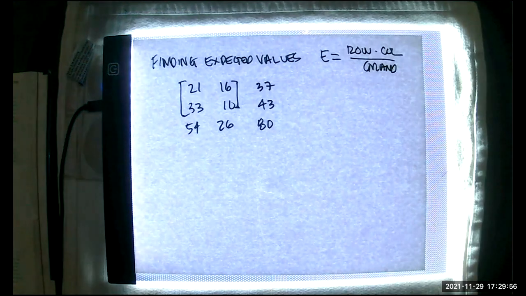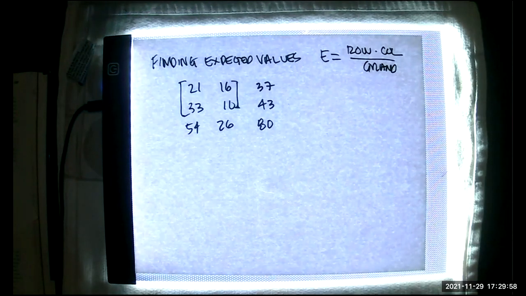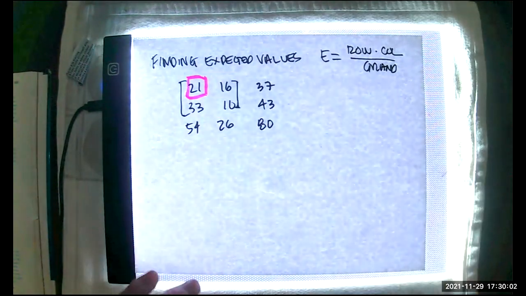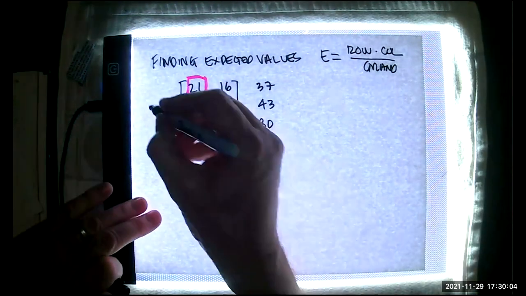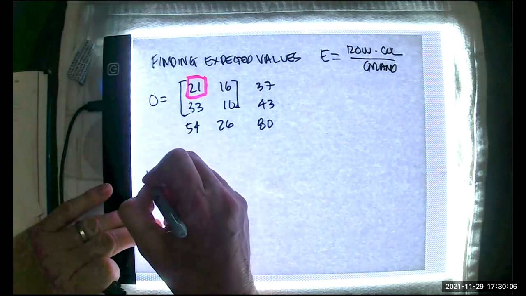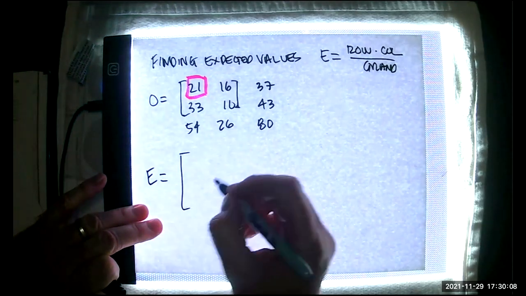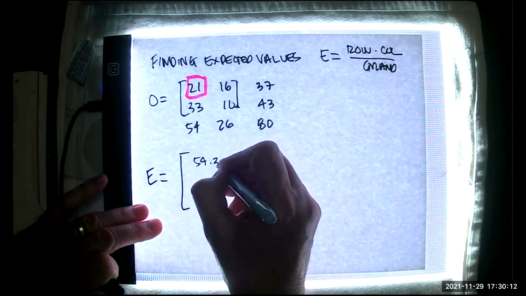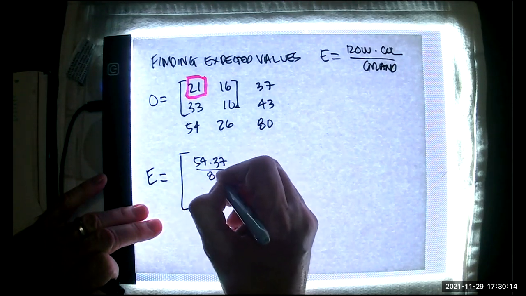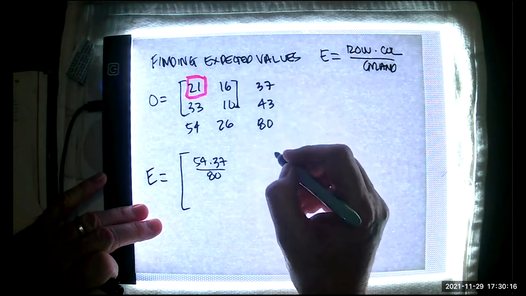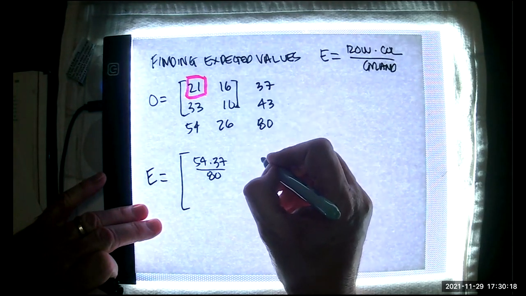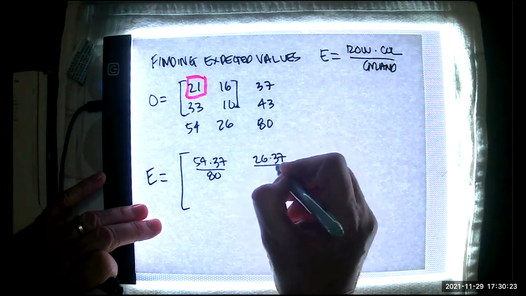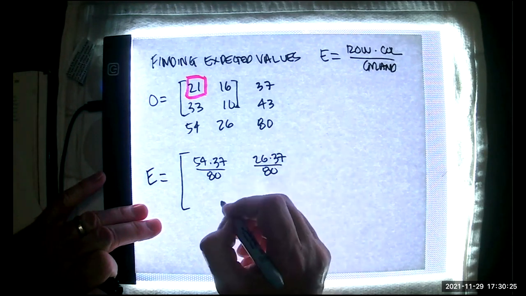All right, so for example, my expected value for the first entry would be 54 times 37 divided by 80. For the next one, it'd be 26 times 37 divided by 80.